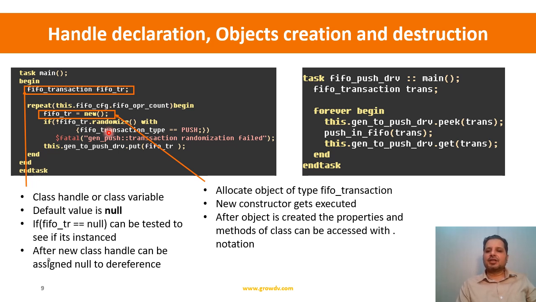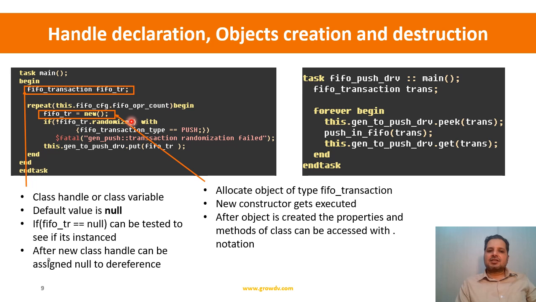Okay, and there we do the get, and once we do the get over there, the class handle variable that we have is now again continuing to point to the same object. And here this gen2 push driver.put gets unblocked, and when it comes back over here because of this repeat loop, and when we do the new over there, now only the handle present in the driver is still holding reference to this particular object, and because of that this object will still remain.